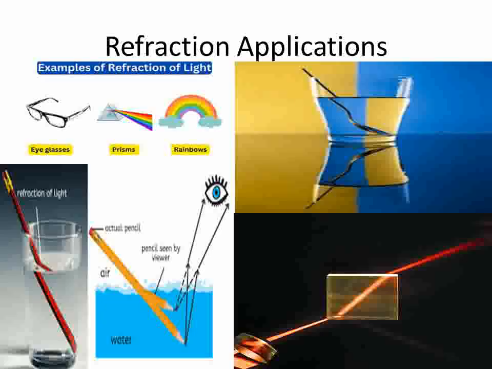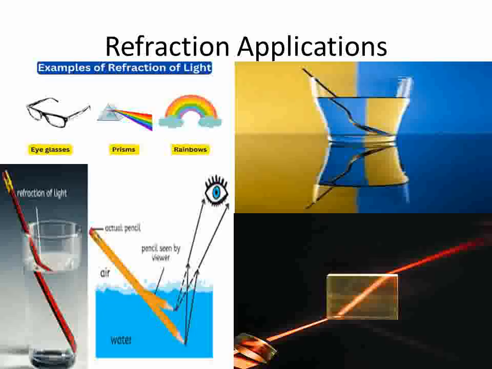Third is the rainbow. In the rainbow, a ray of light comes from air, passes through tiny droplets of water, and there is refraction. In the second diagram, there is water in a glass beaker and a spoon is placed inside it.